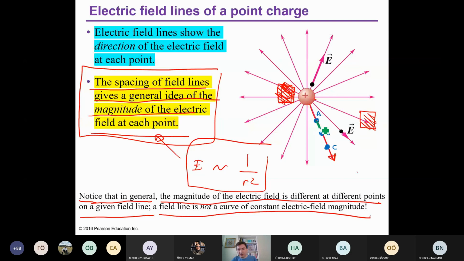Here it will be like this, smaller, and here it is the smallest. So along the same electric field line, we have different electric fields due to the distance relation of the electric field. Okay, I hope this information is clear. Then let me continue.